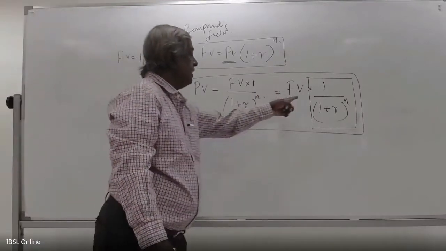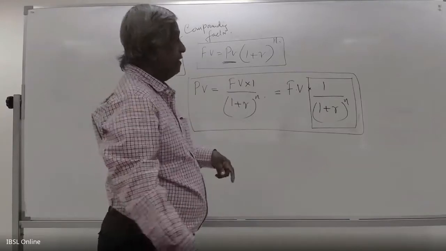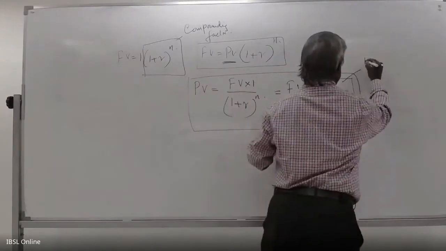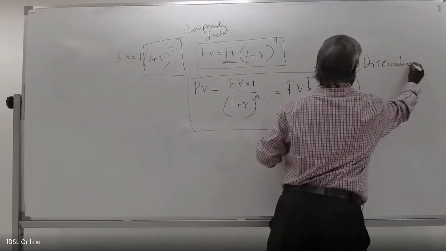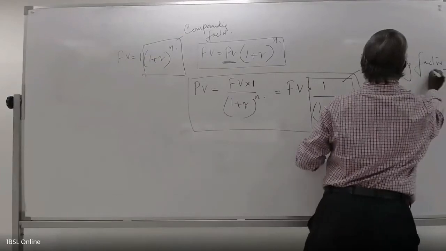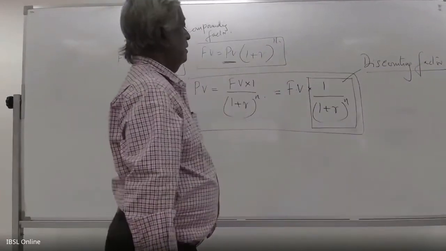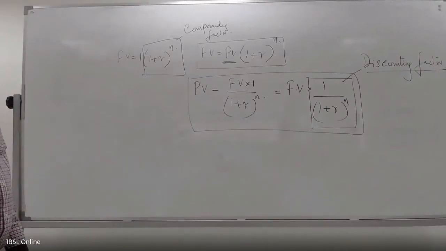So here, this, 1 divided by (1 plus r) to the power n, is the discounting factor.